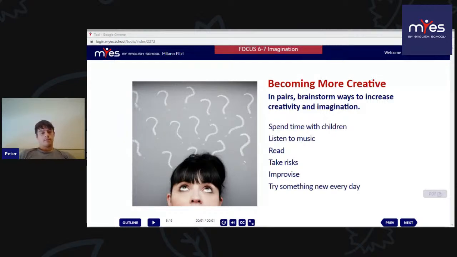Risks are risky. So, rischio. An example of taking a risk is to visit Japan without a guide, or to put yourself in a situation that makes you uncomfortable.